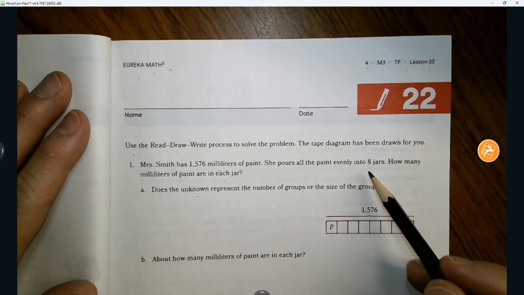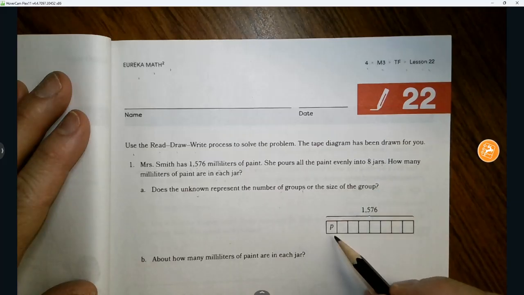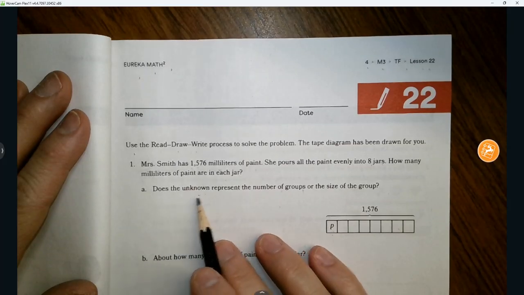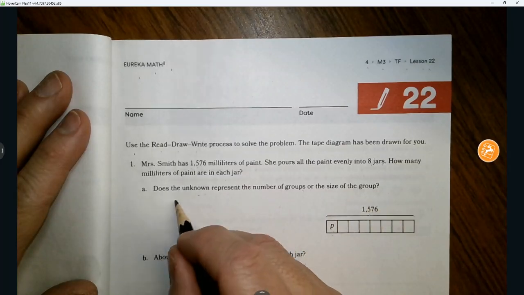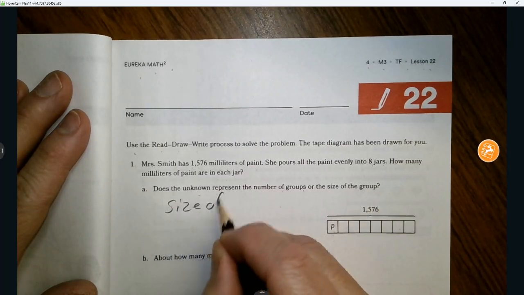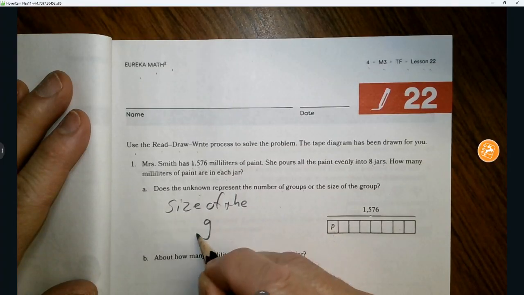If we look, they already told us there's 8 jars and we already have 8 right here. So that's our group. So P is going to represent how much paint is in each jar. It represents the size of the group.